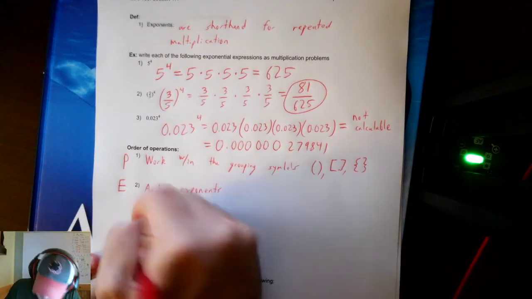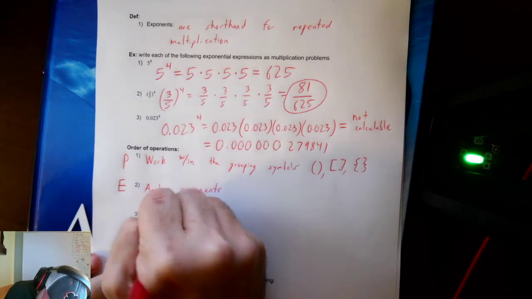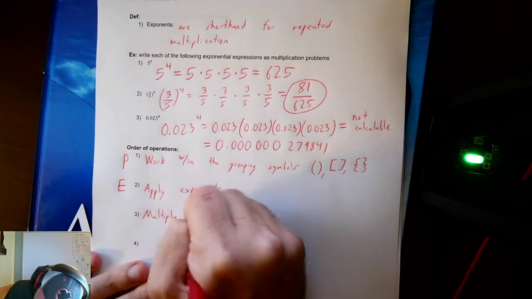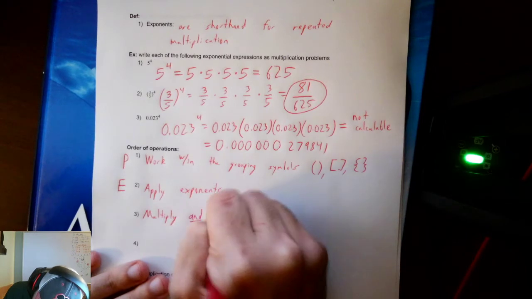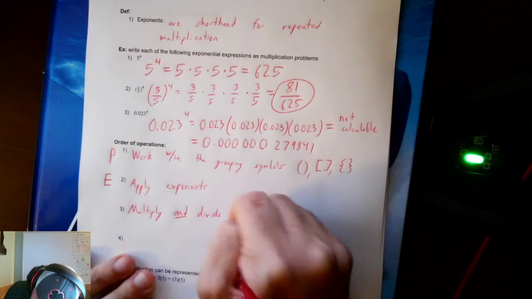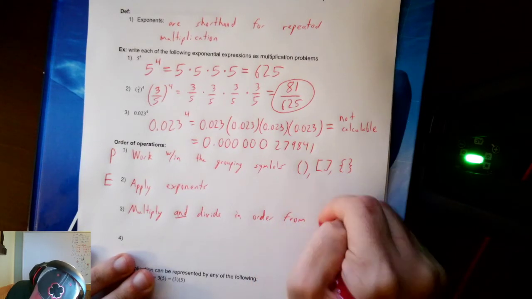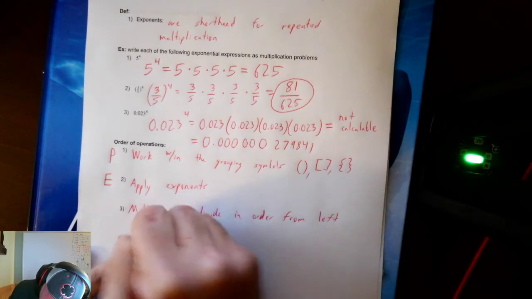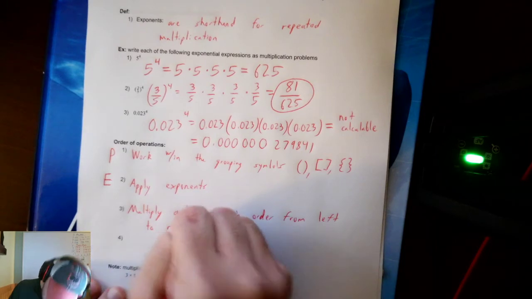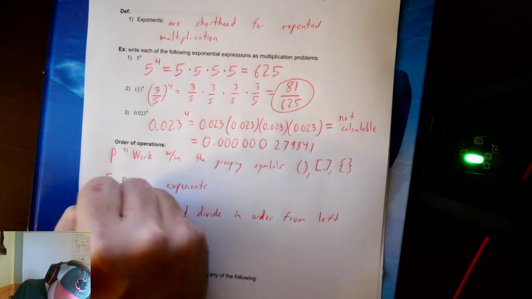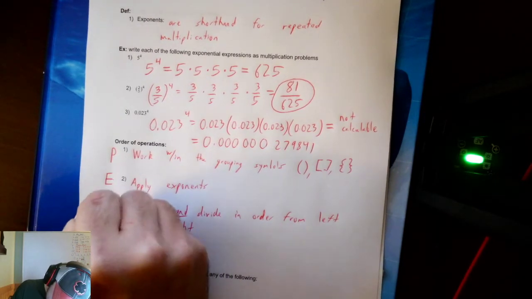The third step is we multiply and divide in order from left to right. So this is MD or DM.